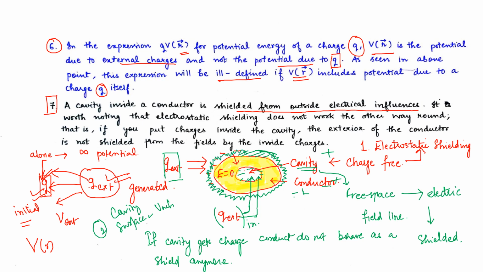There will be electric potential as well as electric field lines present on this surface. So in case the cavity is getting charged, there will not be any reverse effect shown. The outer surface of the conductor will not behave as a shield. The statement of electrostatic shielding is only and only true for the inside of a conductor, not for the outside of a conductor.